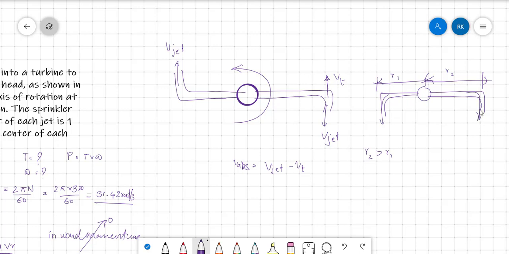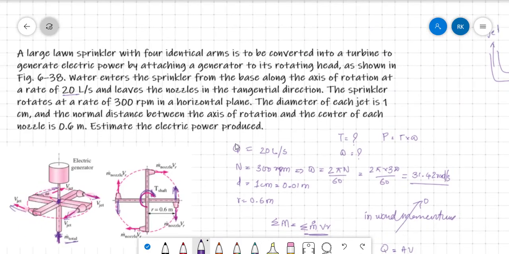Here there will be more angular momentum, due to this there will be more impact here than this one. So here there will be less angular momentum. This is R2, this is R1. R2 is greater than R1, so this will be more, and rotation will be in this way, since the opposite impact will be more. So this is another type. So this is how you need to solve lawn sprinkler problems.